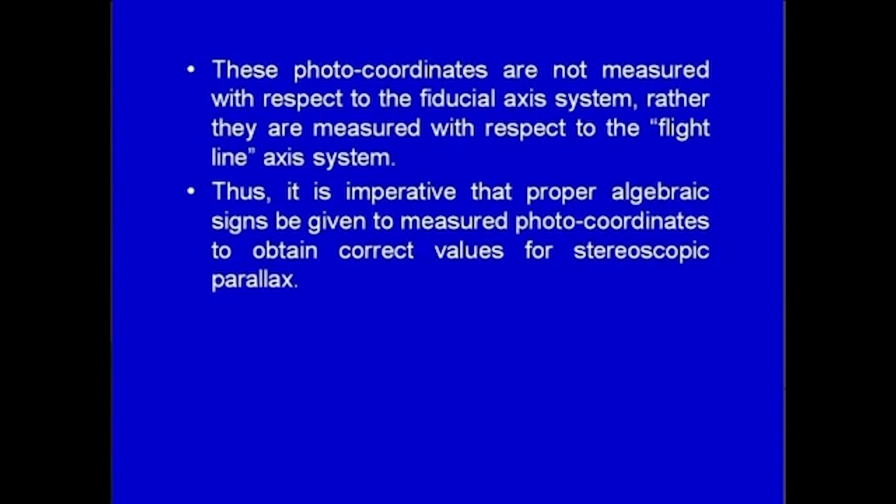These photo coordinates are not measured with respect to the fiducial axis system, rather they are measured with respect to the flight line axis system. Thus, it is imperative that proper algebraic signs be given to the measured coordinates to obtain correct values of stereoscopic parallax.